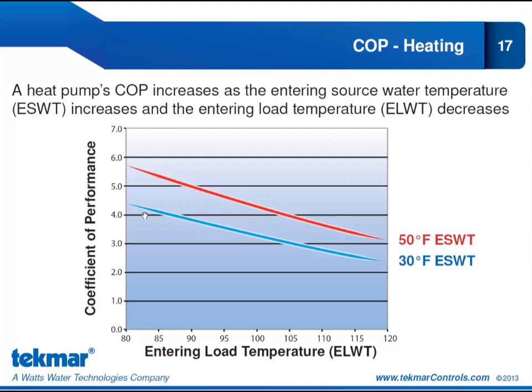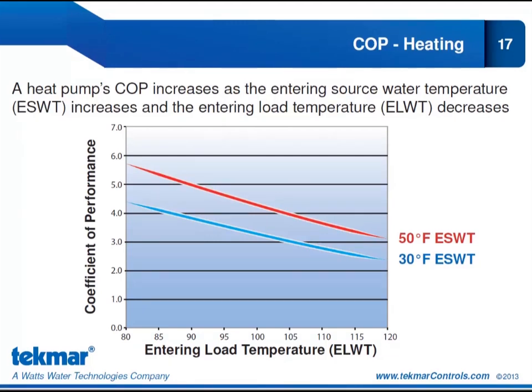And you can see that the higher of those two gives me a higher heat pump efficiency. So to summarize, the coefficient of performance for a heat pump will be at its maximum when the entering source water temperature is at its highest and when the entering load water temperature is at its lowest.